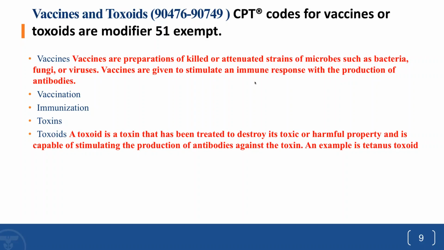Now remember we just said, okay, 96365 through 96371 is for your infusions and your IV, right? And then if you look on page 576, the first paragraph tells you, report vaccine immunizations.